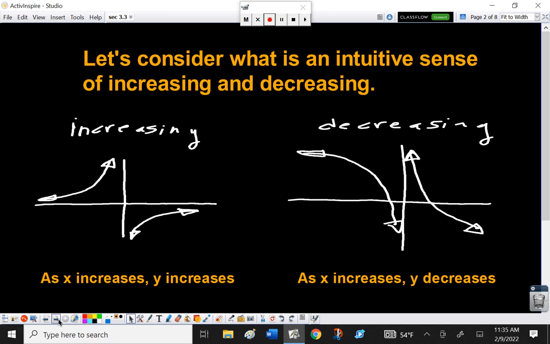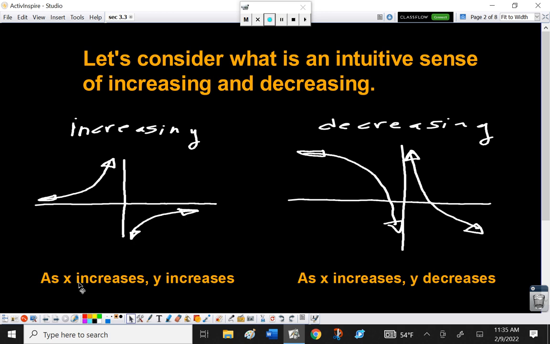Ladies and gentlemen, let's consider what is an intuitive sense of increasing and decreasing. And this fall, you proved to me that you all do have a great inclination of what it means to be increasing and decreasing. From pre-calculus, a function increases on this interval and increases on this interval.